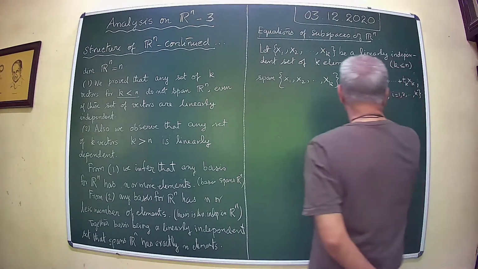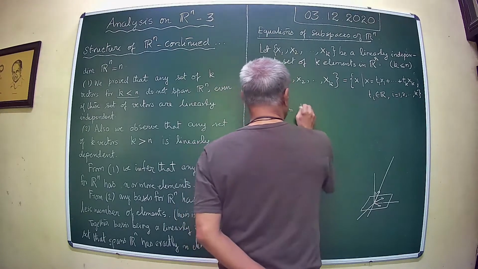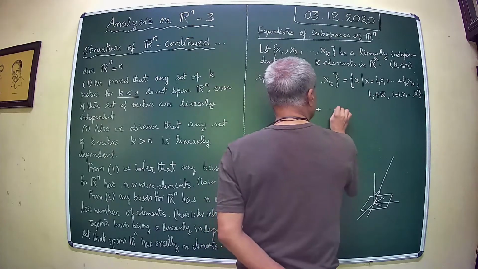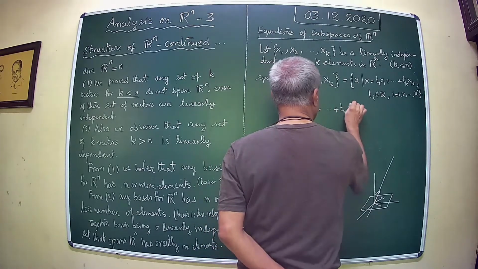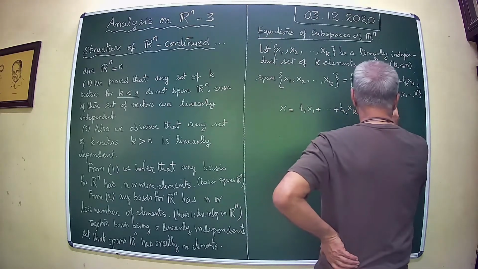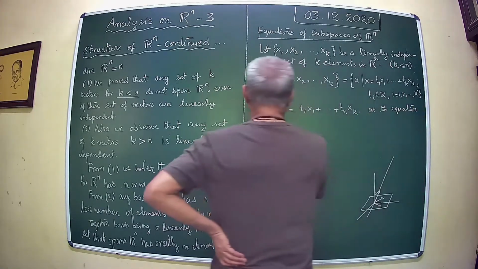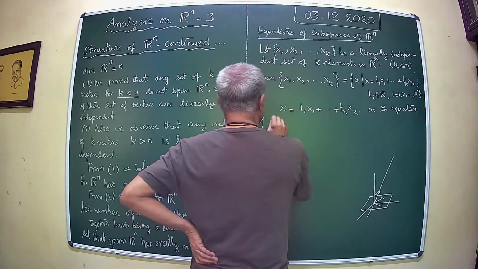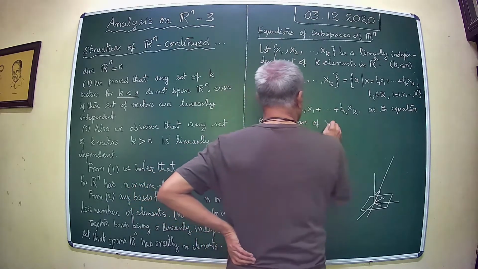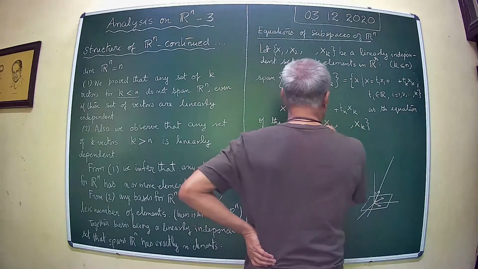Therefore, we take X equal to P1 x1 plus etc. Pk xk as the equation of the span of x1, ..., xk in the parametric form.